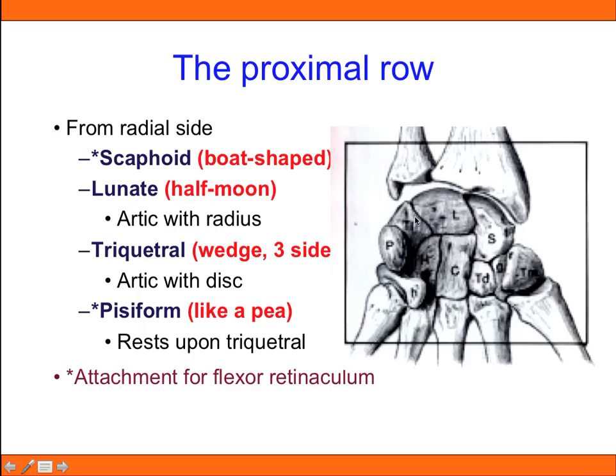And the triquetral bone, I look at it and I think, oh yeah, a wedge, okay, fair enough. I look at the pisiform and I think, oh yeah, it looks like a pea. But there's one that I just can't get my head around, and that's the scaphoid. Boat-shaped. Come on, boat-shaped, really. I just wonder what kind of mind-altering drugs these anatomists were smoking when they decided to name the scaphoid.